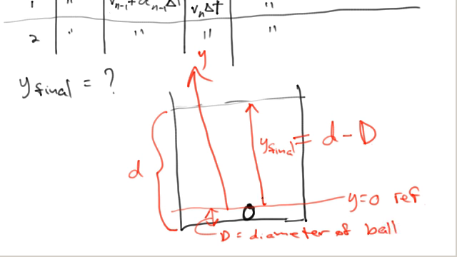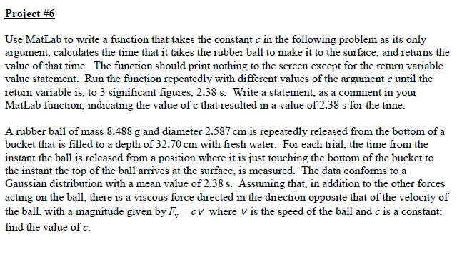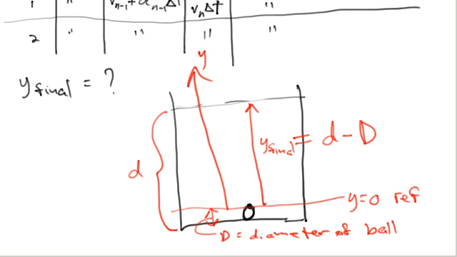So in other words, the top of the ball first gets to the top of the surface after it's traveled a distance equal to the depth minus the diameter of the ball. Okay, and the depth is given. So I think I got my plan for this project.